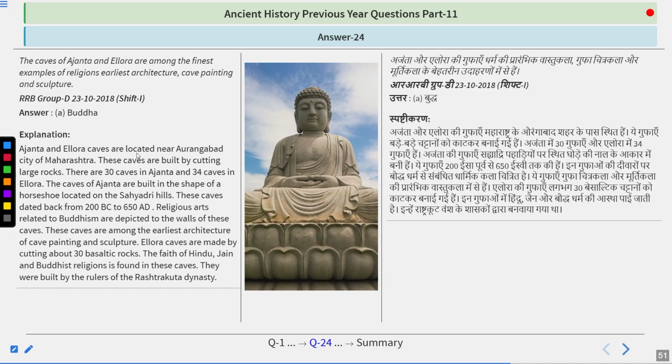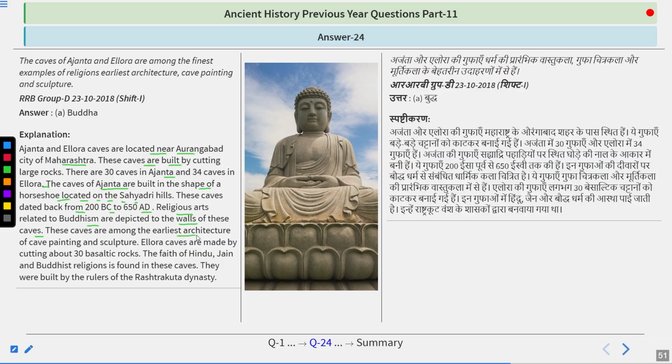Ajanta Ellora caves are located near Aurangabad city of Maharashtra. These caves are built by cutting large rocks. There are 30 caves in Ajanta and 34 caves in Ellora. Caves of Ajanta are built in the shape of a horseshoe located on the Sahyadri Hills. These caves date back from 200 BC to 650 AD. Religious arts related to Buddhism are depicted on the walls of these caves.